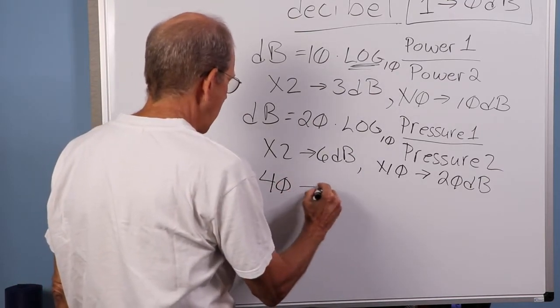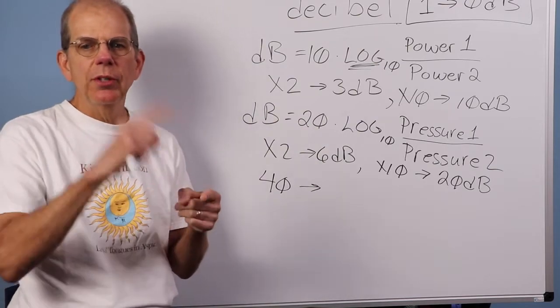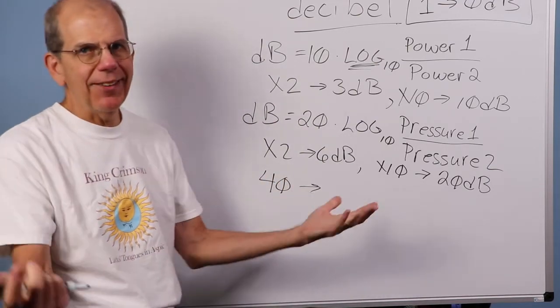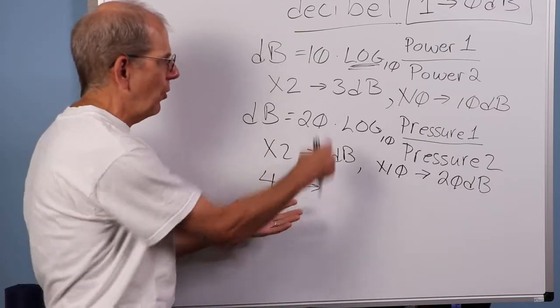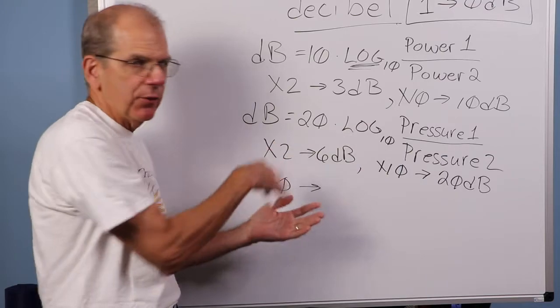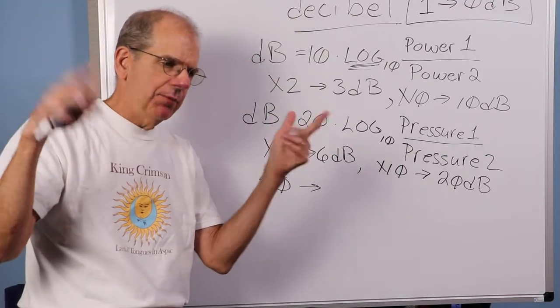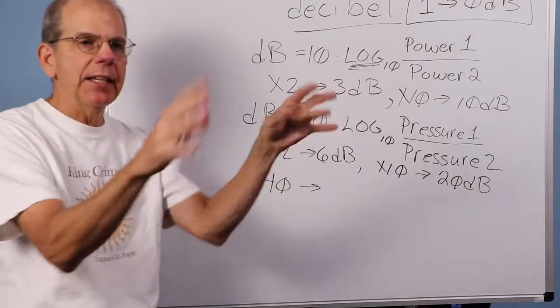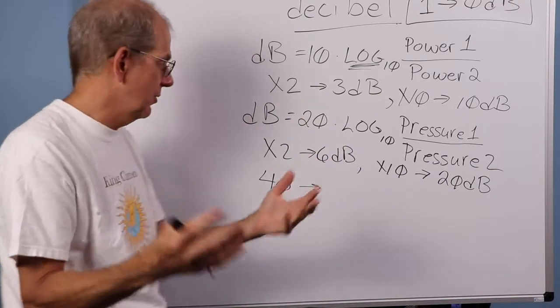I can write the factor of 40 as 2 times 2 times 10. Of course, you can always just get out your calculator. You've got a scientific calculator. You could just plug in 40, take the base 10 log of it, multiply by 20, you got your answer. But I'm just trying to give you some little quickie things you can do in your head, to get some ballpark numbers. That's a really handy facility to develop.